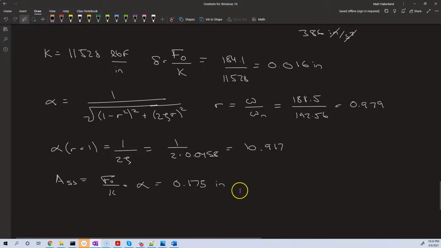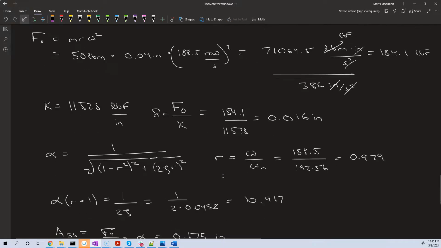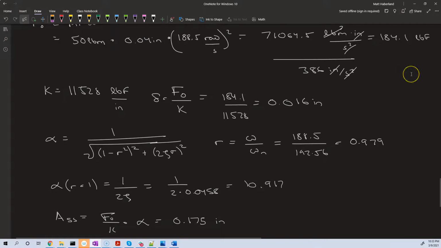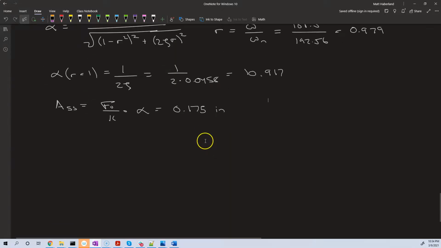That's quite a bit. Like, what static force would it take in order to make it do that, to deflect by that much? Well, it's just 10.917 times that amount of force that we actually had. It would typically take 10.917 multiplied by the 184.1 pound force. It would take 2,000 pounds in order to make it deflect by that much statically.